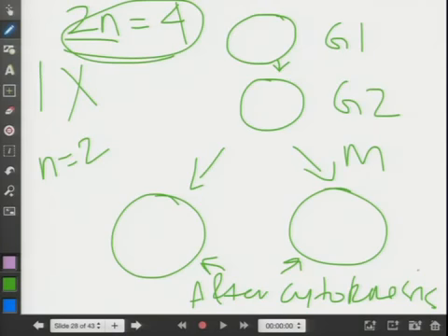Prometaphase didn't exist when I took this 800 years ago. It was prophase, metaphase, anaphase. Now they added prometaphase because something important happens there, and they want to pull it away from metaphase. Metaphase is just lining up in the middle. In prophase and prometaphase, we're attaching the spindle.